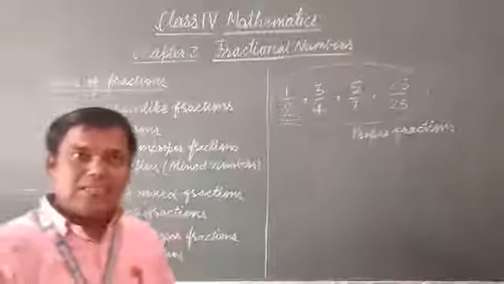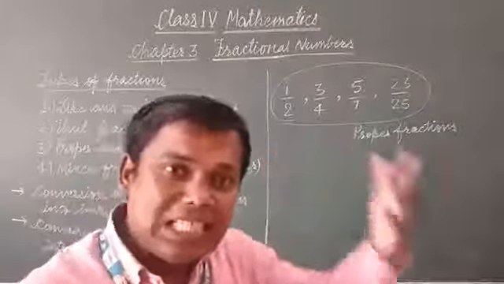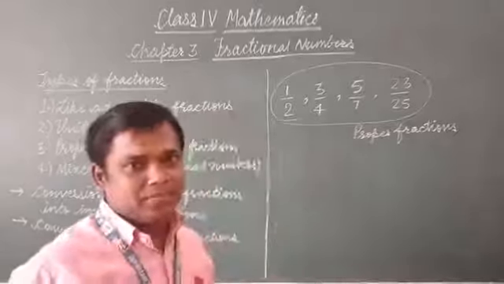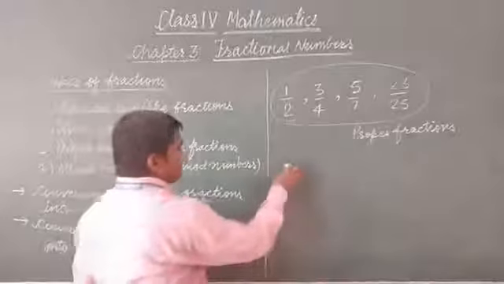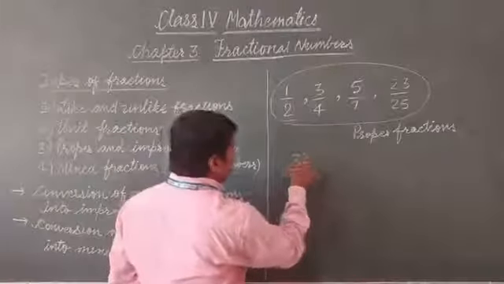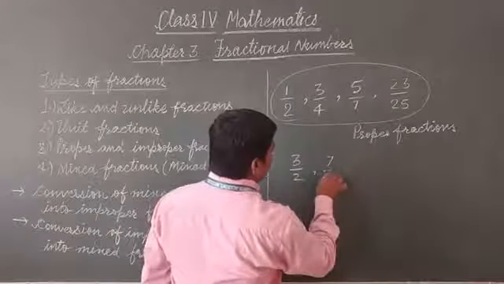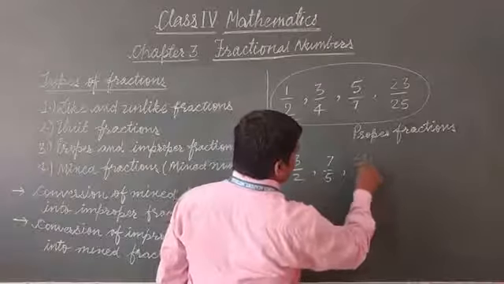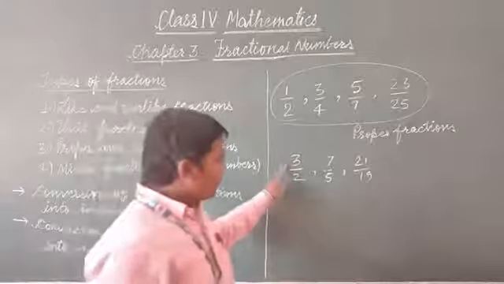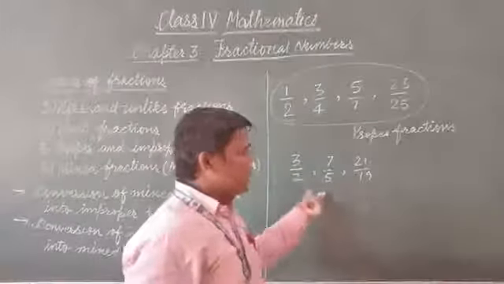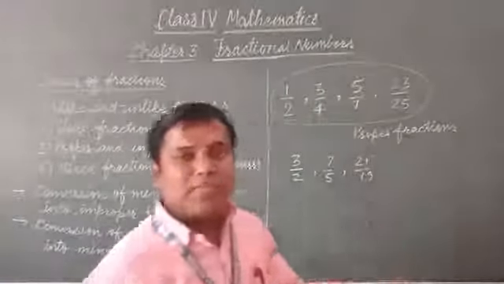And in the other case, if the numerators are greater than the denominators, then the fractions are called improper fractions. Here we can write 3 by 2, 7 by 5, 21 by 19. We are observing here all the numerators are greater than the denominators of the given fractions.